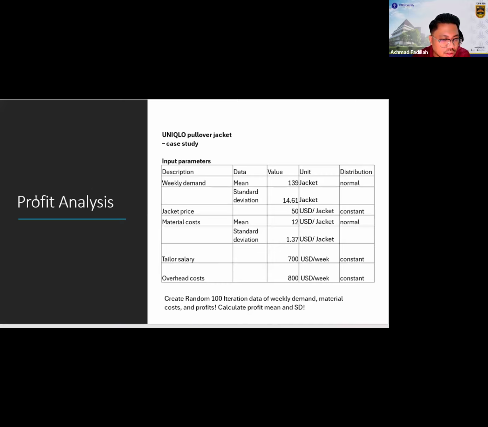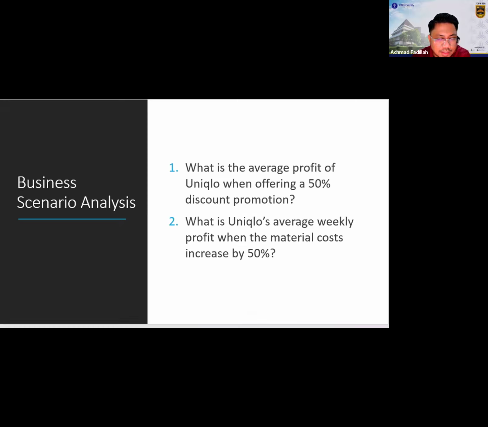We are also done with the profit analysis, with normally distributed weekly demand of the jacket pullover. Material cost is also normally distributed, and the price every week right now is only 50 USD, constant. For the two fixed costs, we already calculated the weekly demand, material cost, even no profits, and then the profit mean and new standard deviation. Now it's time for you and your groups to calculate this.